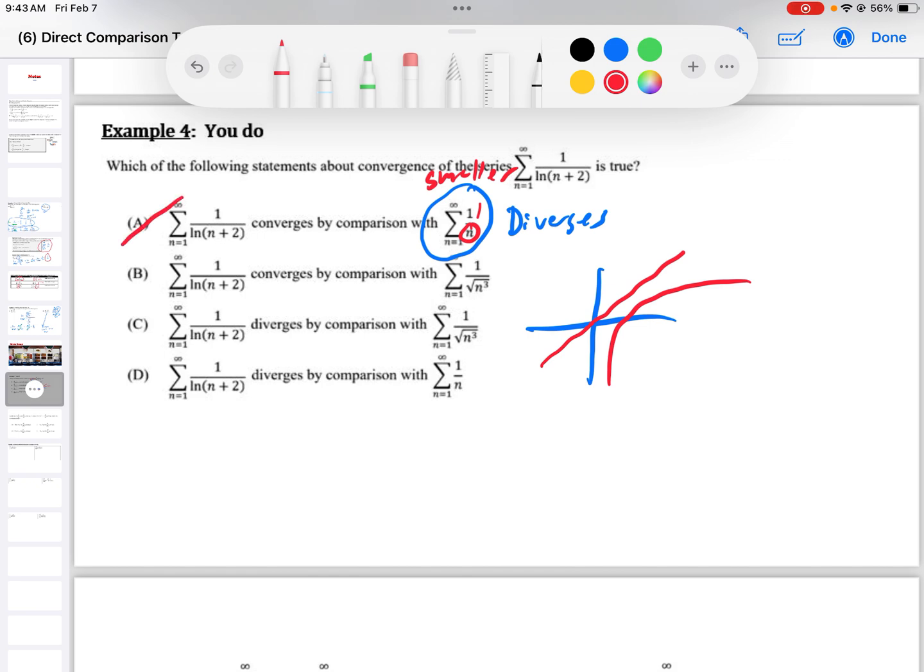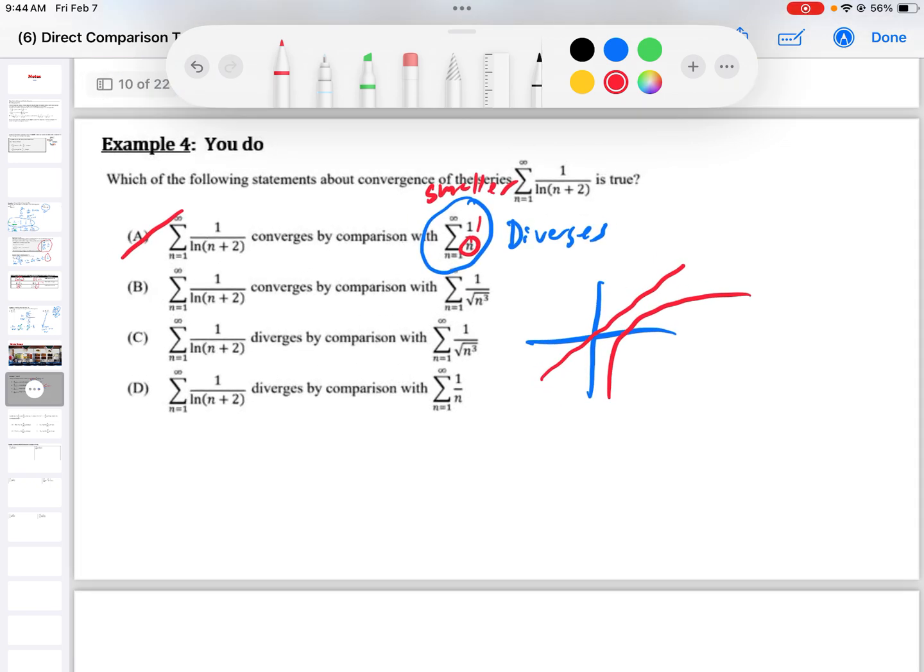All right, we're going to say that converges by comparison with that. I don't want to do that. I already looked at 1 over n diverging, right? So if 1 over n diverges and it is smaller, then the bigger one diverges. Because remember, okay, I'm doing a bad job explaining this.